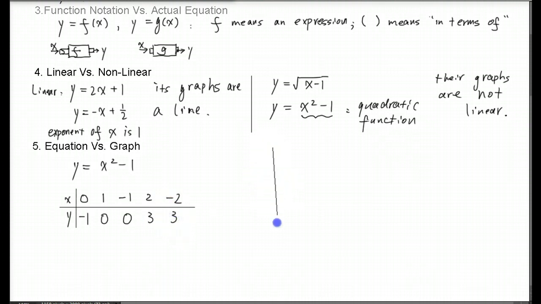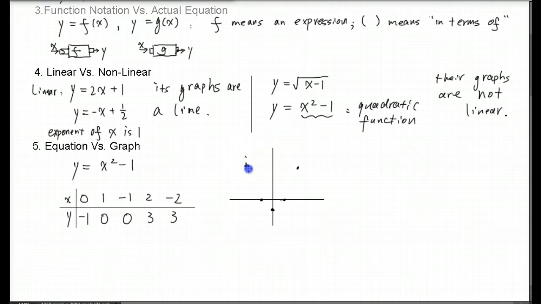According to these points, you can plot all of them. When x equals 0, you get -1, so you have one point here. When x equals 1, you get 0, so you have a point here. When x equals 2, y equals 3, and at -2 it's also 3.